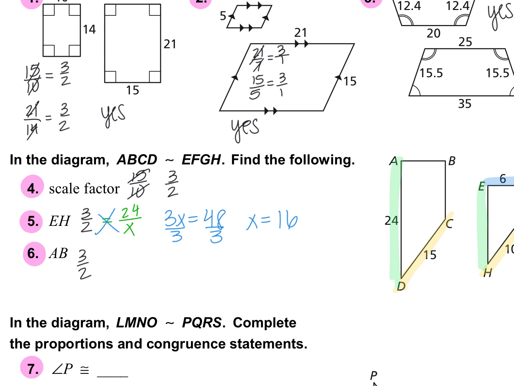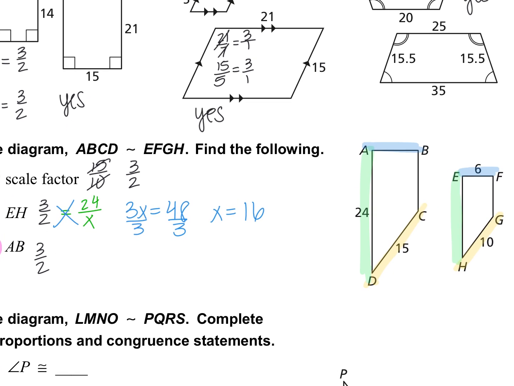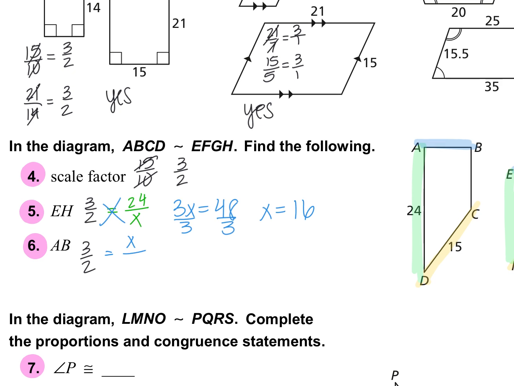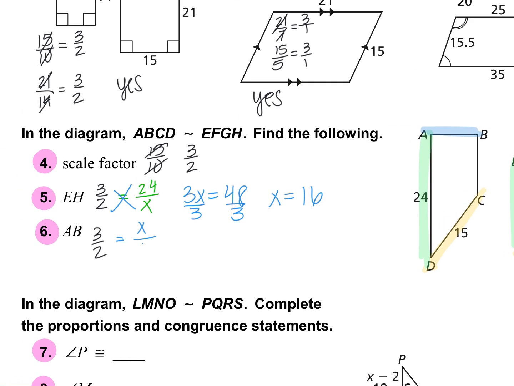So looking at the next one, AB. AB is corresponding to EF. So again, looking at it, I have 3 over 2. I'm using the same scale factor is equal to x over 6.